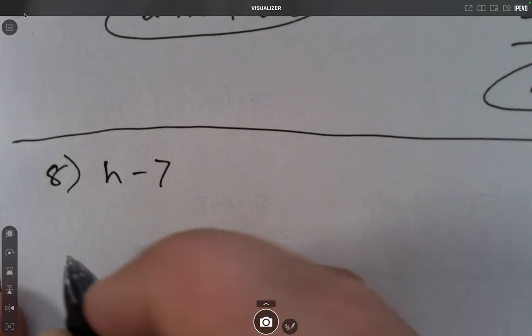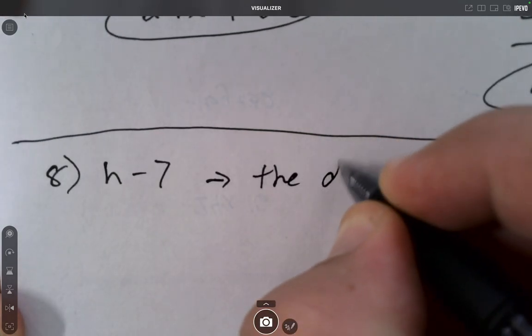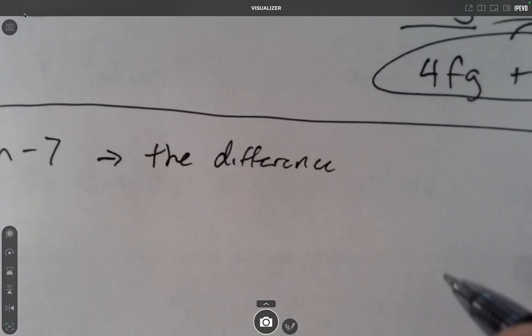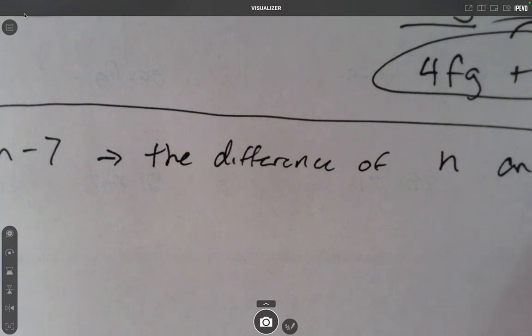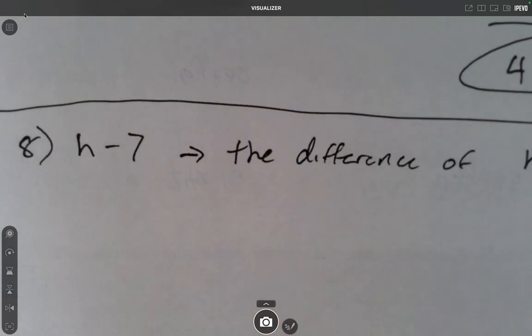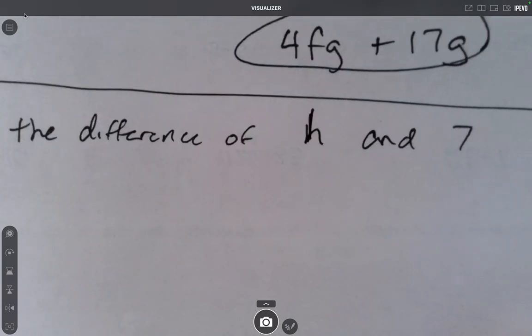So this we could write as the difference of h and 7. So h minus 7, we need to write the word difference because of the subtraction. The difference of h and 7.